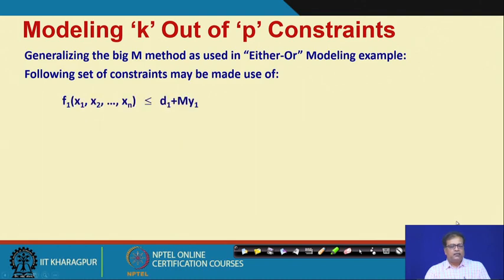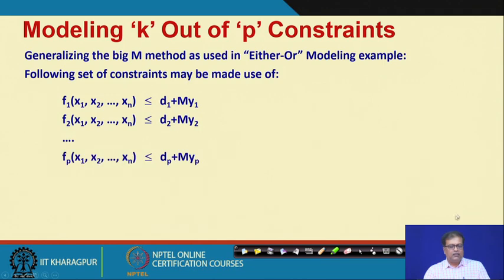The set of constraints is: the first function f1 less than equal to d1 plus My1, second one less than equal to d2 plus My2, third one like this, the last one dp plus Myp, and the sum of y1, y2 up to yp should be p minus k as we have explained, and also to note all these yi's are binary.